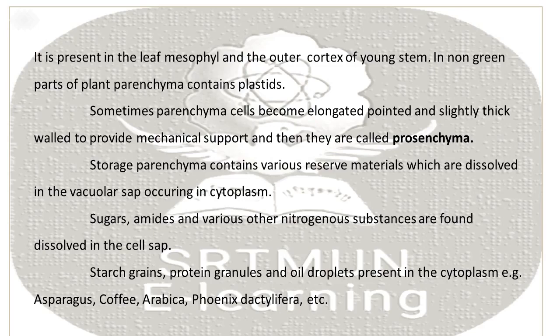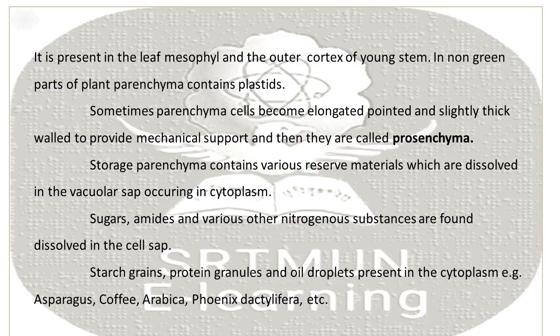Sometimes parenchyma cells become elongated, pointed, and slightly thick-walled and provide mechanical support, and then they are called prosenchyma.